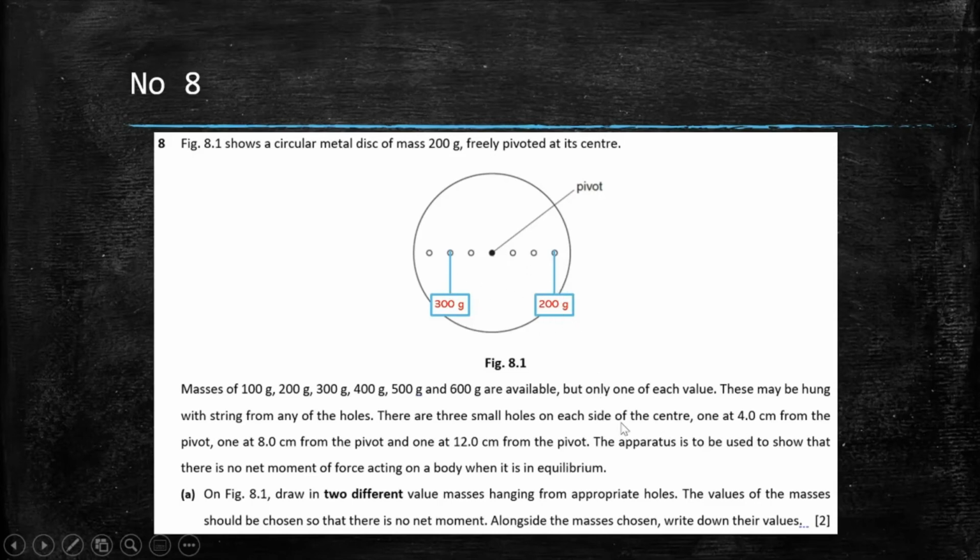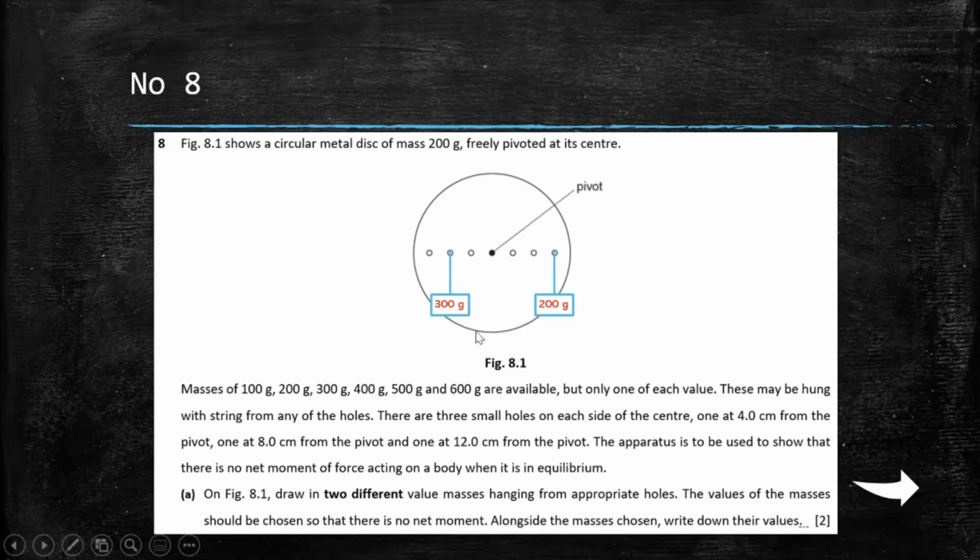You can see the distances of each hole on the problem here. The SI unit of moment is Newton meter. Therefore, I will convert each distance from centimeter into meter.